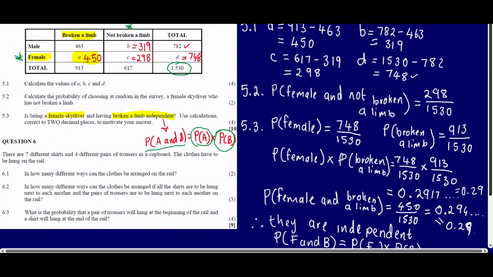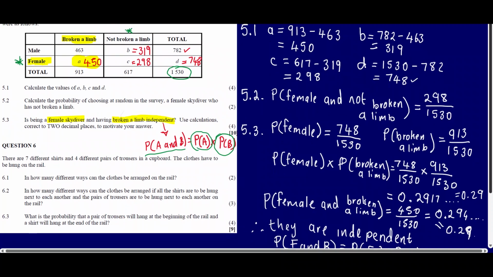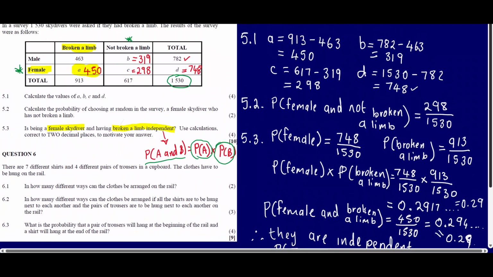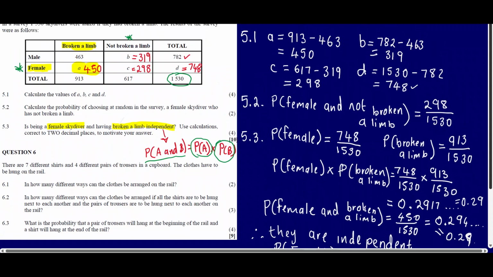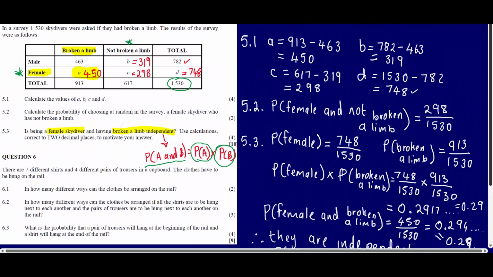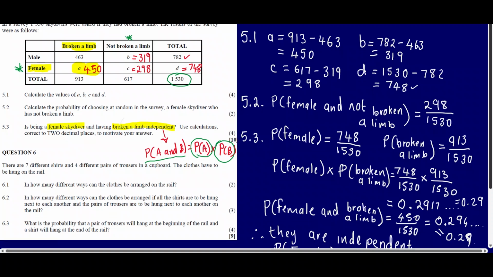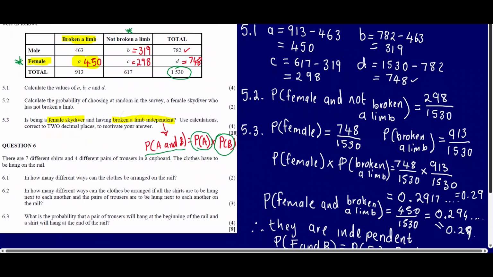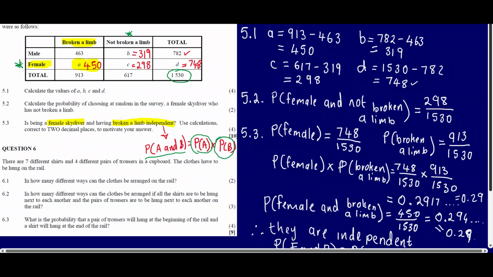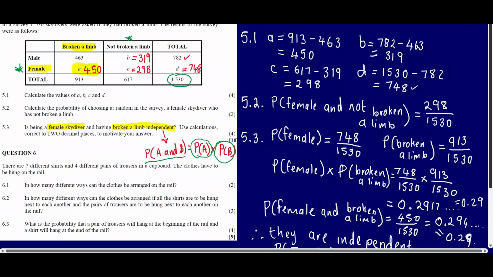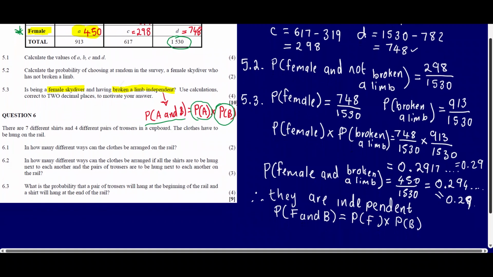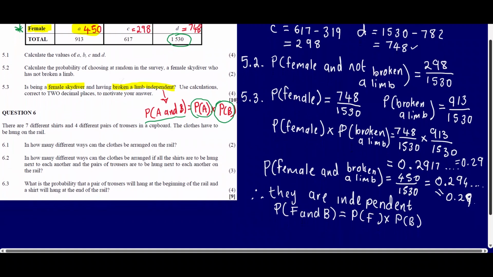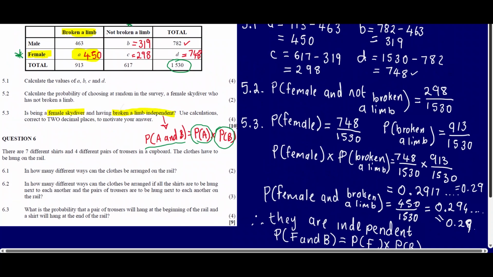I hope you understand this, and I will give you a few minutes to take a look at everything that we've done here. If you were not writing, you can take a screenshot of this, because I just want to quickly erase this to create space for question 6. You can take a screenshot over there, and you can also take one for this part.